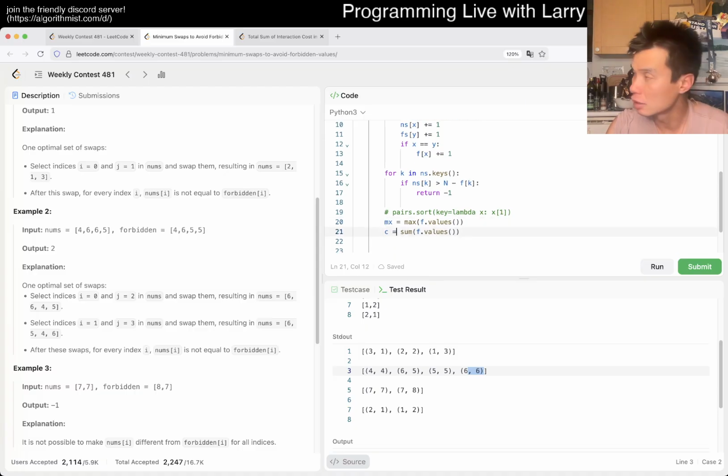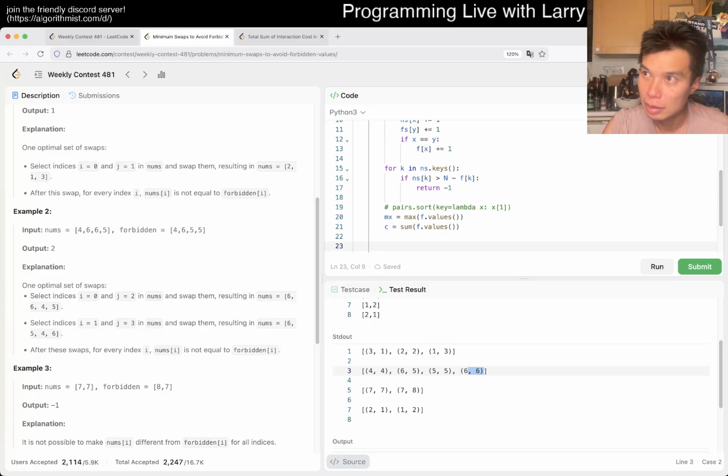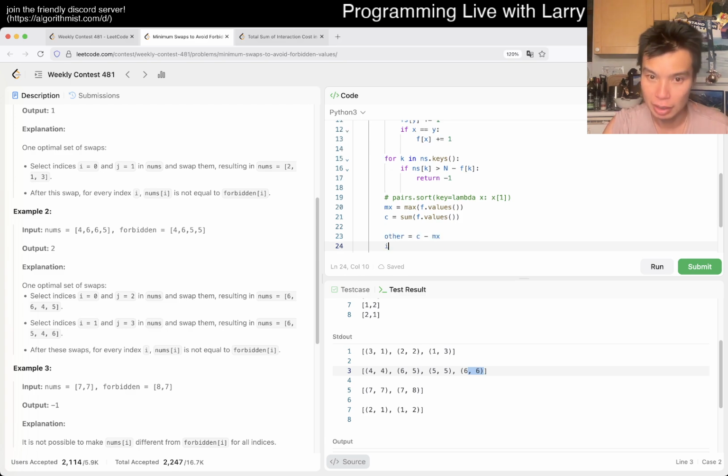This is the max. How does that go again? So it's going to be other is equal to c minus max, and then moves is going to be equal to min of max and other, right?